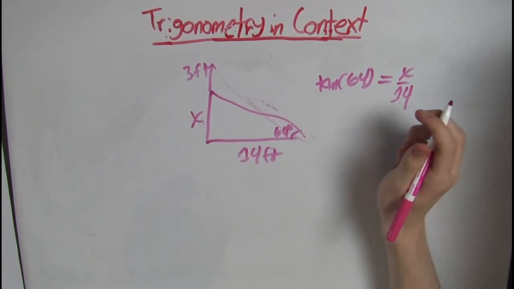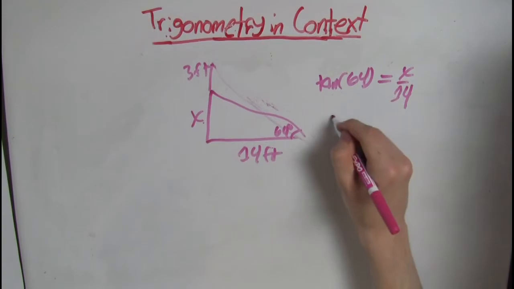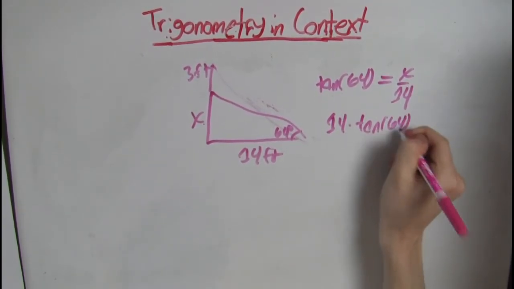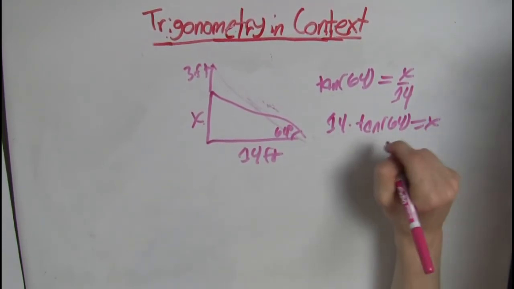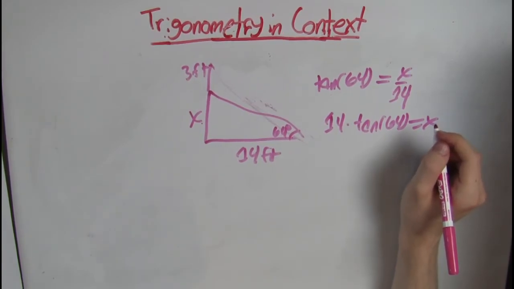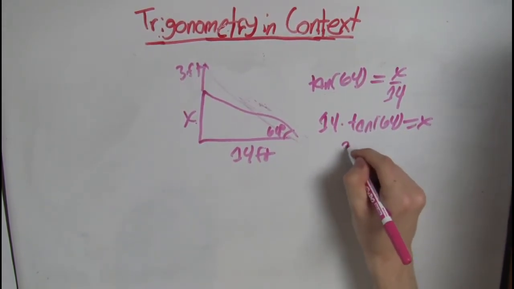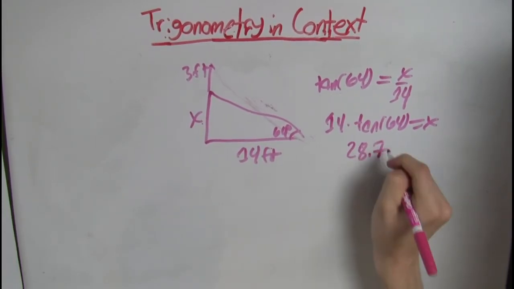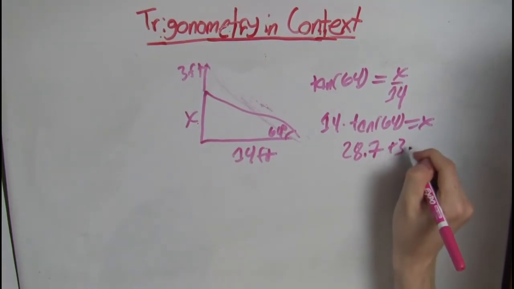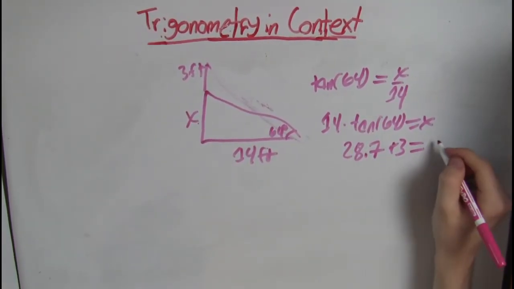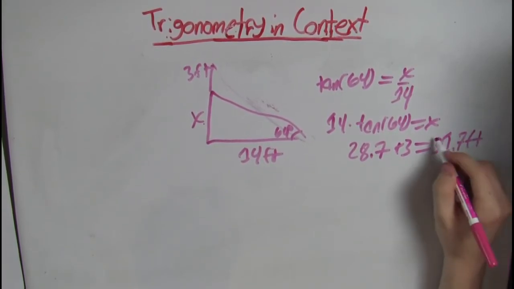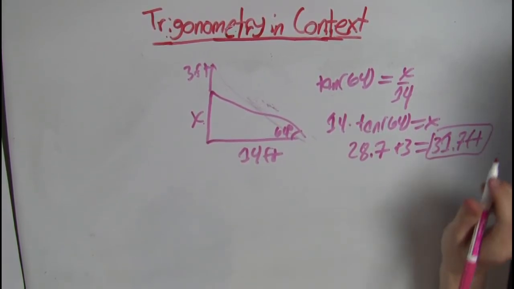So we can say, okay, 14 times the tangent of 64 is x. I get it on my calculator. I find the tangent of 64. I get x, which is 28.7. I remember I'm after the total length of the pole, so I'm going to add 3 for a final answer, about 31.7 feet. That is my total answer.